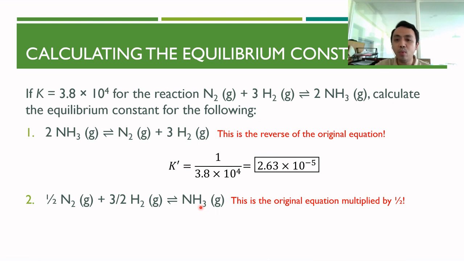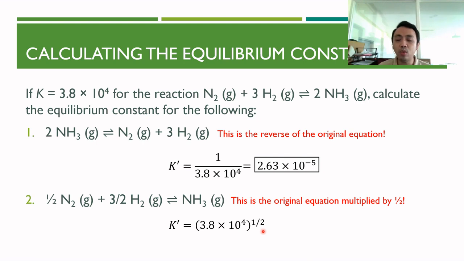From the previous slide, we learned that when we multiply the original equation by any number n, the new equilibrium constant K prime is just equal to the original value raised to the value of n. In this case, n is the value by which we multiply the coefficients of the original equation. Now, since we've multiplied the original equation here by 1/2, the exponent here must then be 1/2.